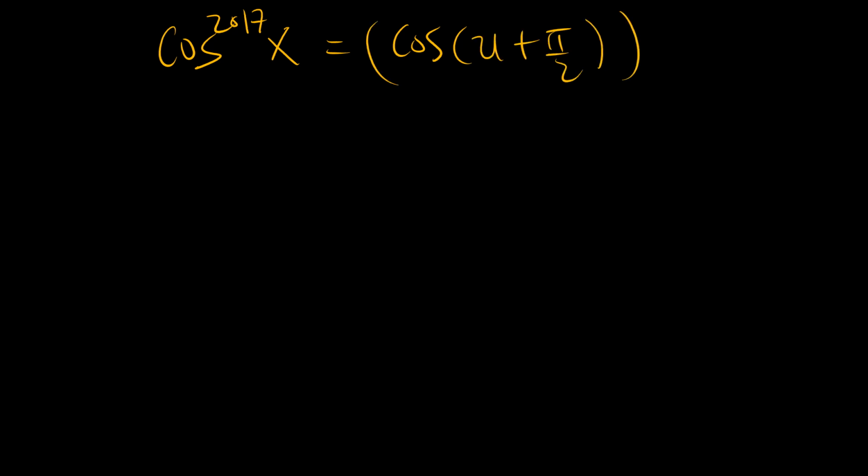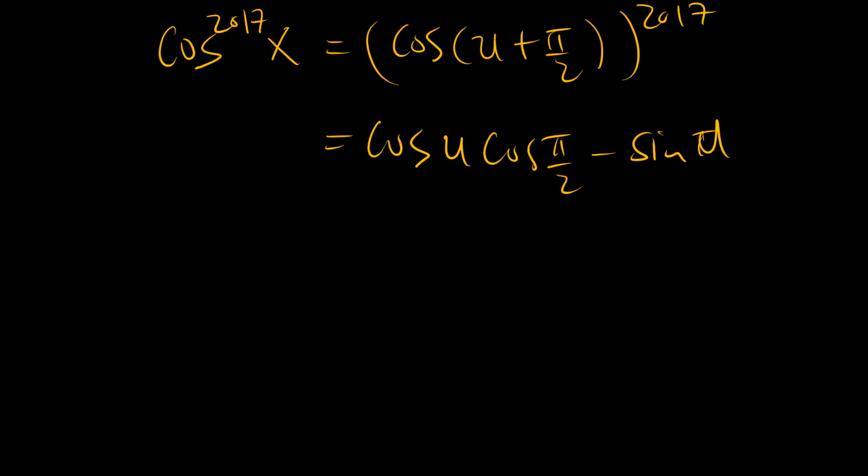And so if that is the case, then cosine 2017 x is the same as cosine of u plus pi over 2 all to the power 2017, which is cosine u cosine pi over 2 minus sine u times sine pi over 2 all to the power 2017.